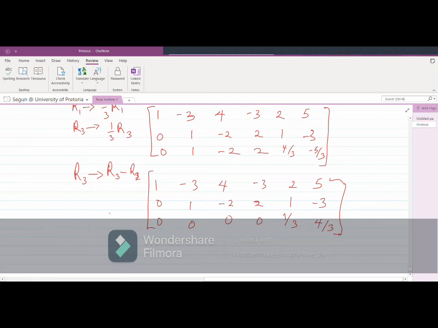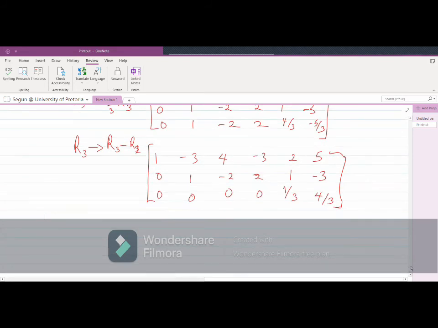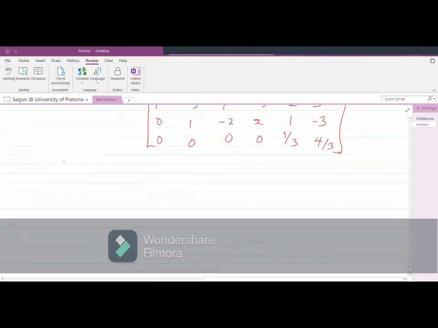We multiply by 3. R3 is equals to 3 R3. Do we agree?